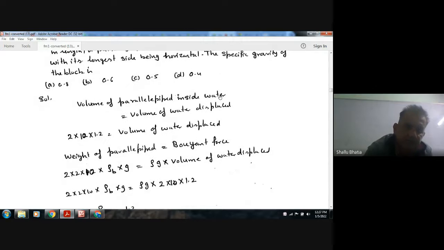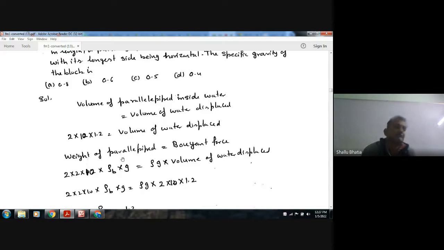Okay. So this is the volume of the water displaced, and the buoyant force is the weight of water displaced.